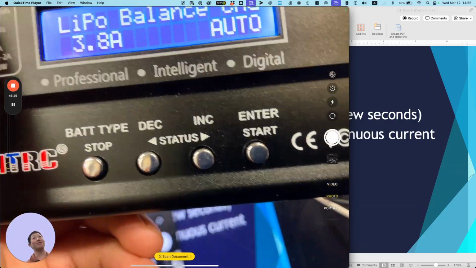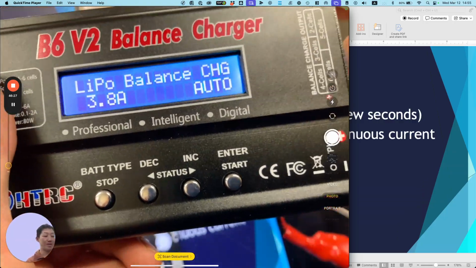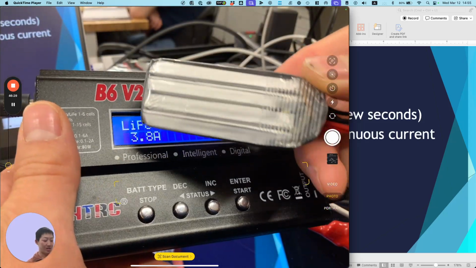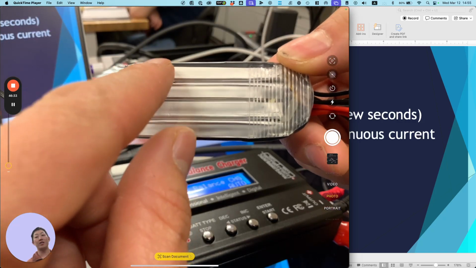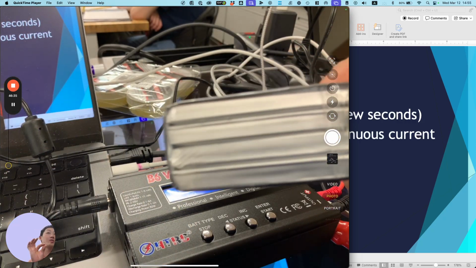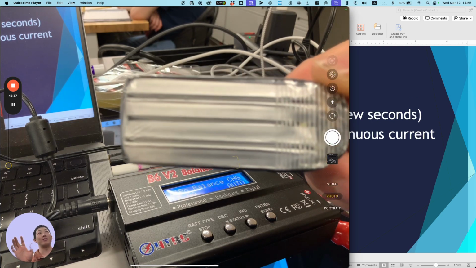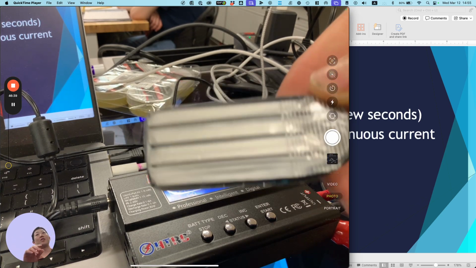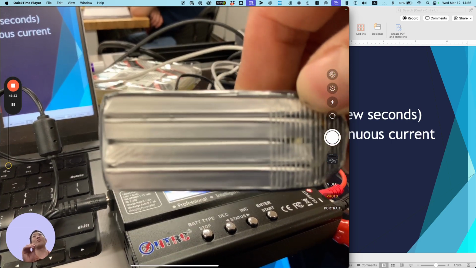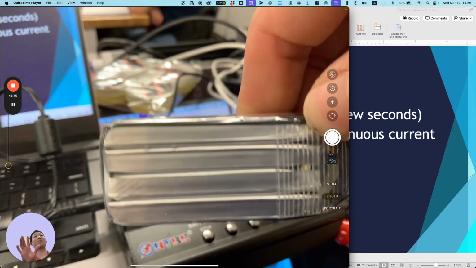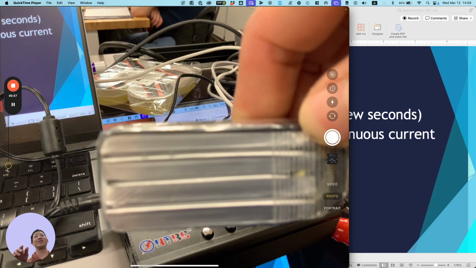Balance is actually what we want to do. What happens is each of these batteries has individual cells, and you want these cells to be close to each other in voltage at all times. So if they're full, they should all be more or less 4.2 volts, maybe plus or minus 0.5 volts, something like that.